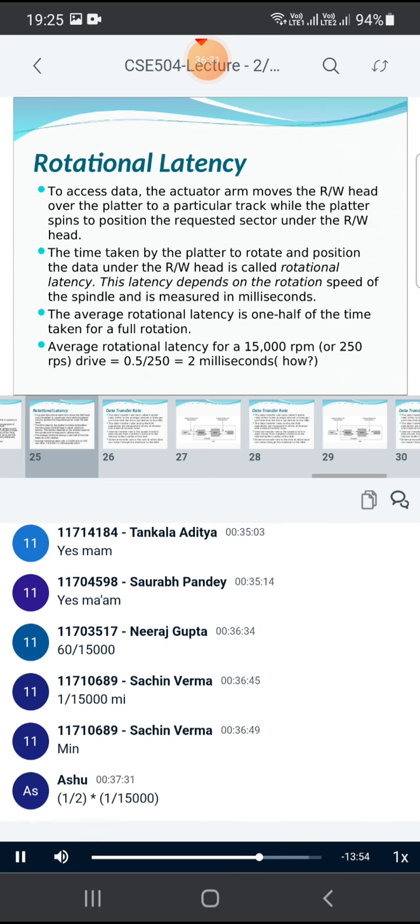I have written the formula over here. This is how you will be calculating average rotational latency. And I have already told you how we have got these values because 15,000 rotations are being completed in a minute.